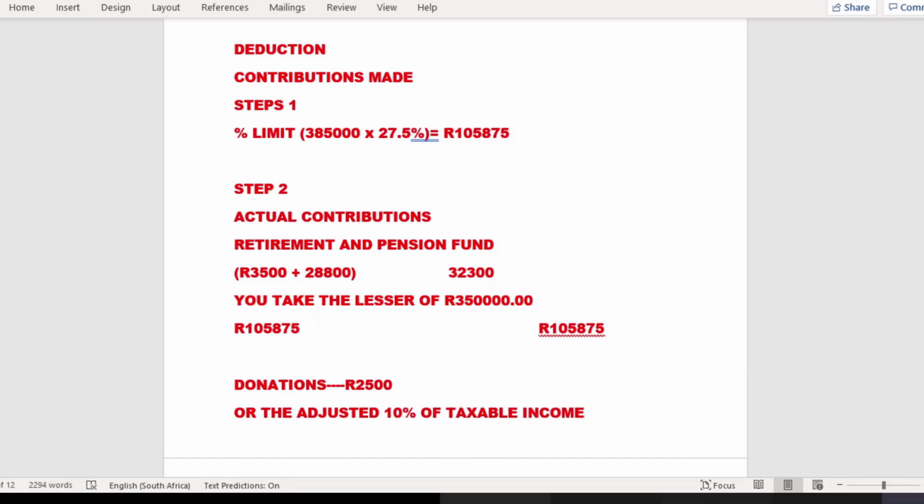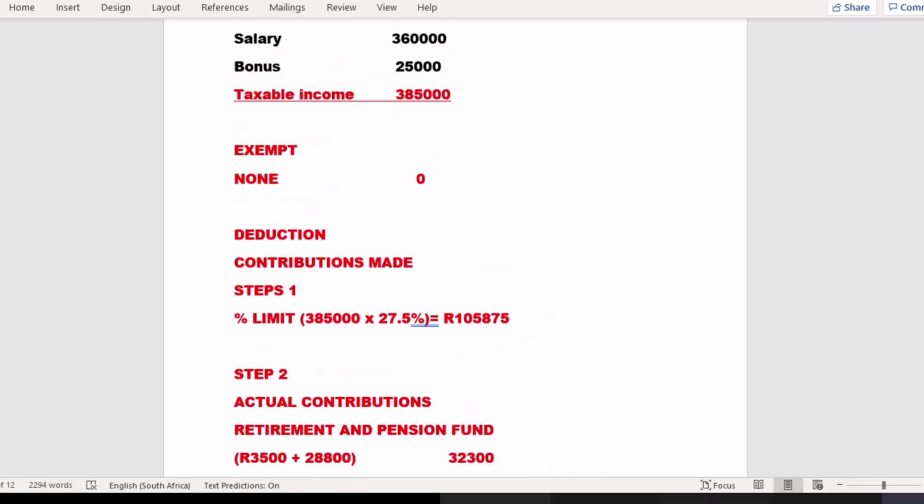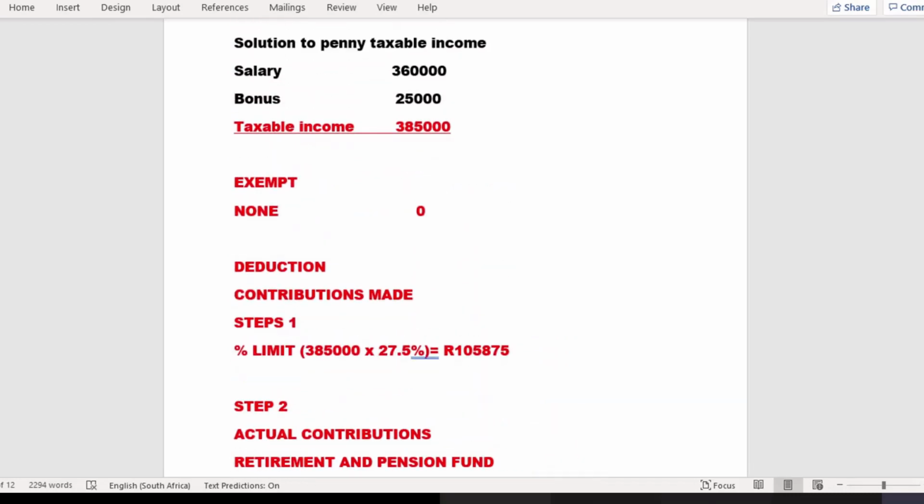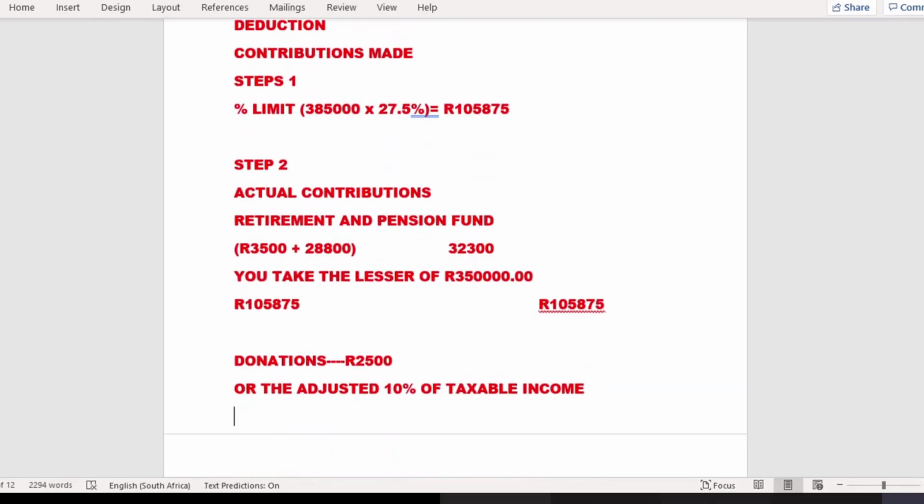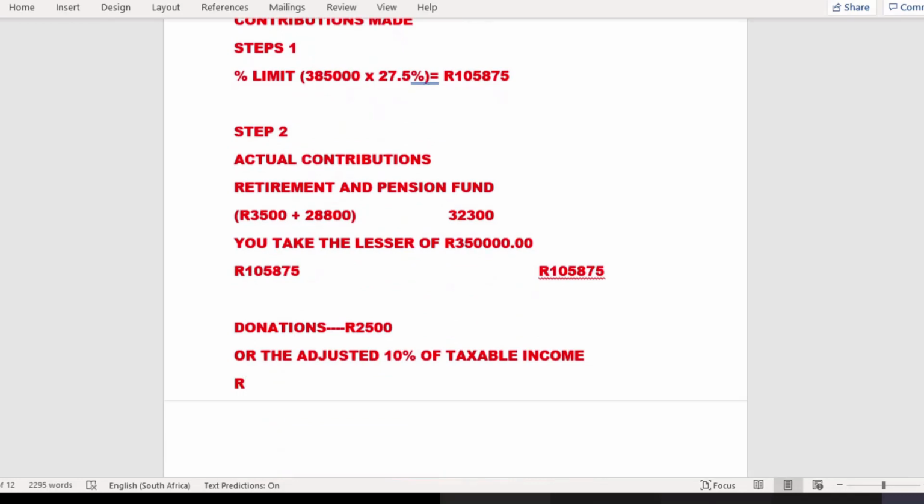Basically, you're going to say 385,123 multiplied by 10%. And let's get to that one. It's 385,123, and then you multiply this by 10%, which is 38,500 rand. So your equal sign will be 38,500 rand.